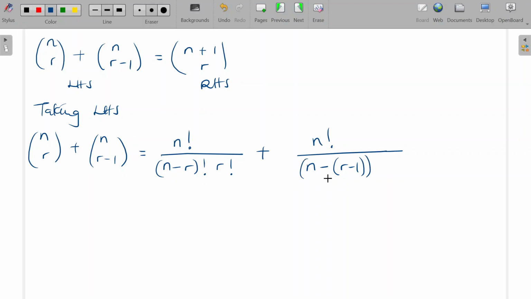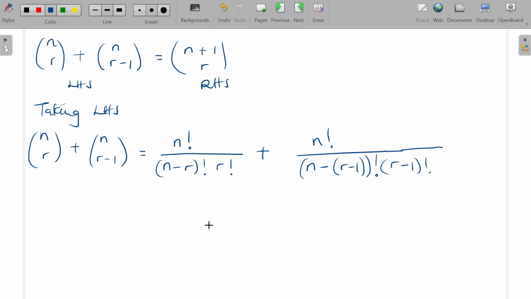Then you write factorial. I've written this in brackets because I don't want the signs to be affected, because this is just one number. So I'll say n minus r minus 1 in brackets, factorial outside. Then at the bottom I get r minus 1 factorial.